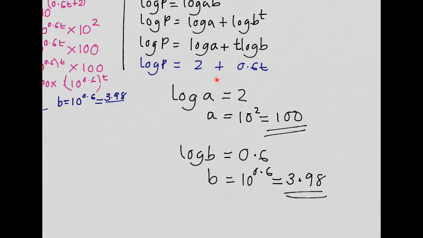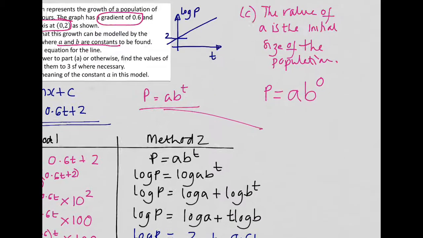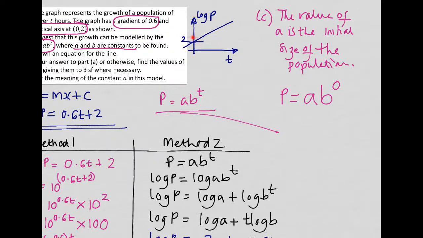Therefore, if it's linked to the intercept, A is linked to what happens initially at t equals 0. And coming back to here, when t equals 0, this is what happens, and anything to the power 0 is 1. So we can then write that p would equal a when t equals 0, which is where the value of a is the initial size of the population comes from.